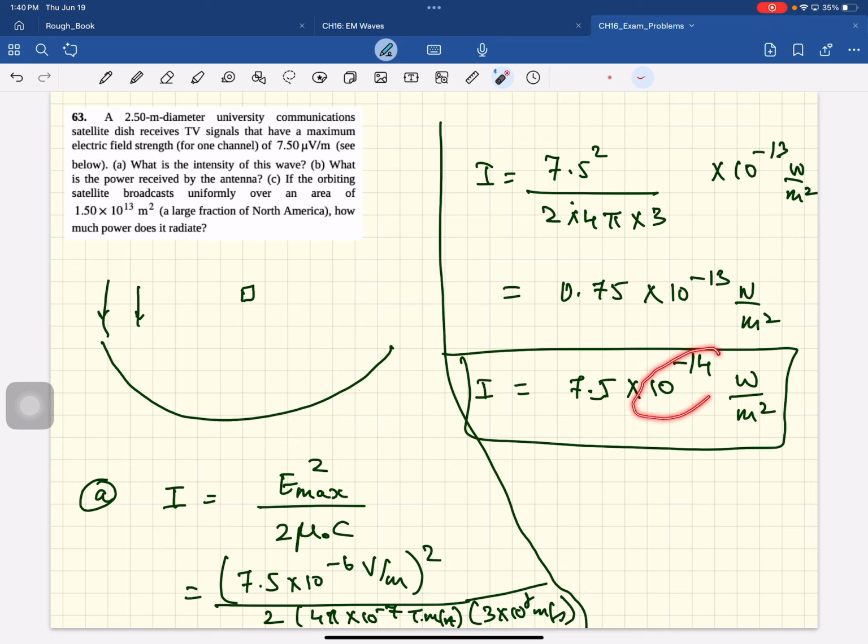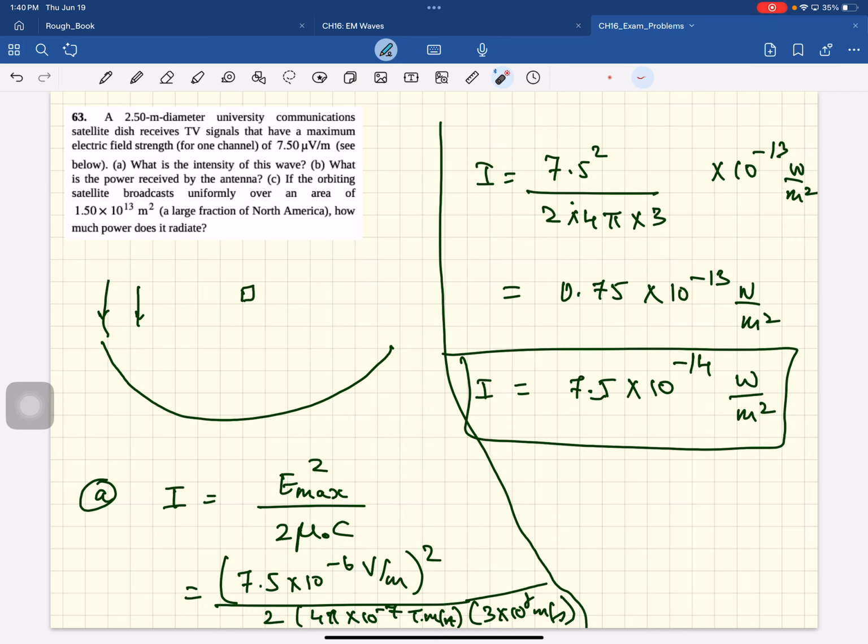So this beam is 10 to the 15, 16, 17 times weaker than the intensity of sunlight. 1,000 trillion times, or almost 1,000,000 trillion times.